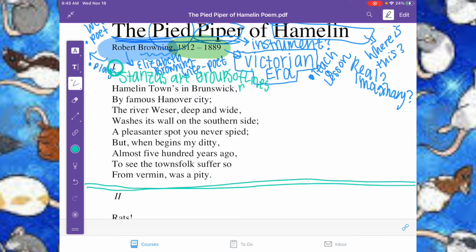So Brunswick is going to be our A. Brunswick city, no. Brunswick wide, Brunswick side, Brunswick spied, Brunswick ditty, a go, so pity, no. Okay, city is going to be our B, so now we're looking at the last word on the other lines to see if anything rhymes with city. City wide, city side, city spied, city ditty, yes. City go, no. City so, no.